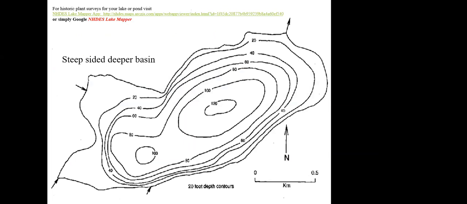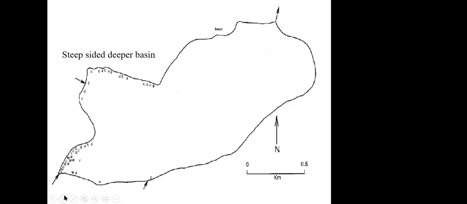And just taking a look at this, a couple examples. This is an example of a deeper, steep-sided basin, especially along this top shoreline and bottom shoreline, where you're dropping in several feet of depth as you leave shore. And that one is going to have fewer plants. So this is a plant map that we would do as biologists, where we have the lake outline.